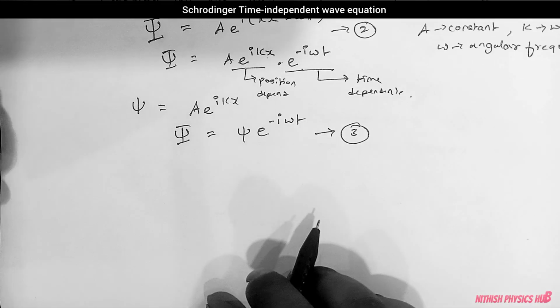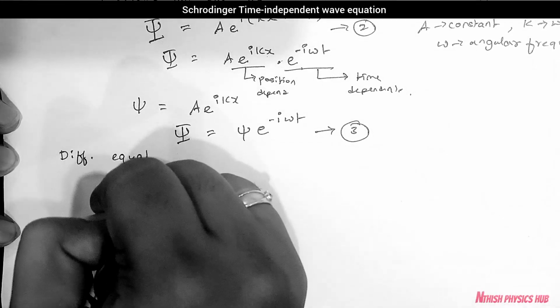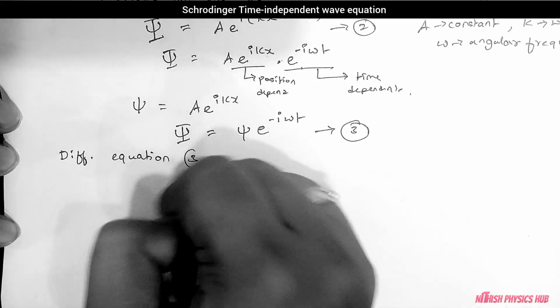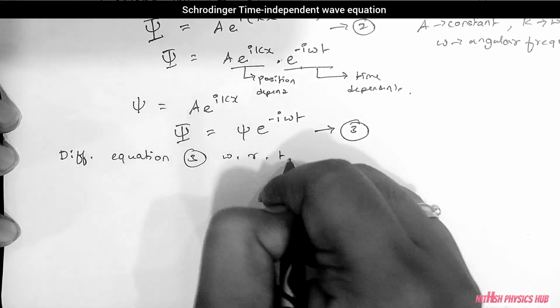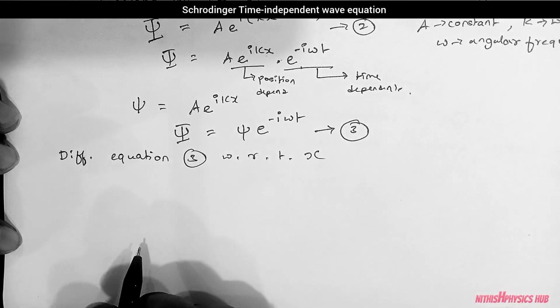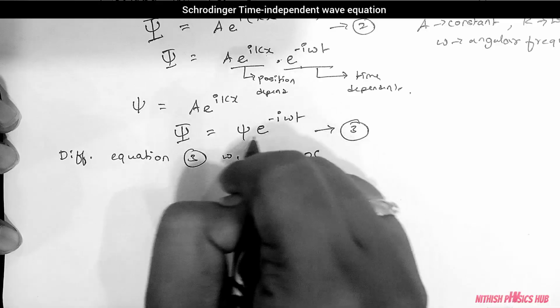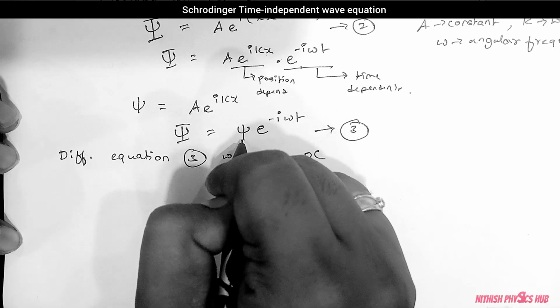Now differentiate equation 3 with respect to x, meaning I will be differentiating with respect to position, since we have two terms, one is time dependent, another one is position dependent.